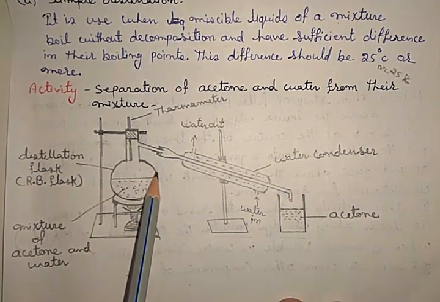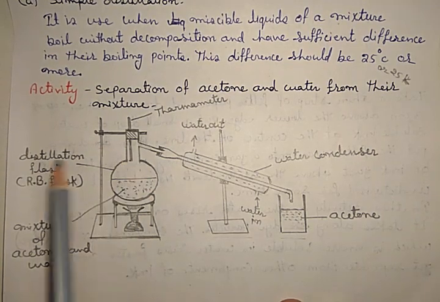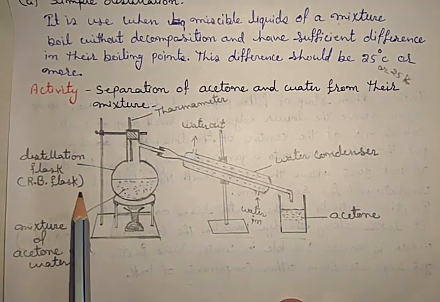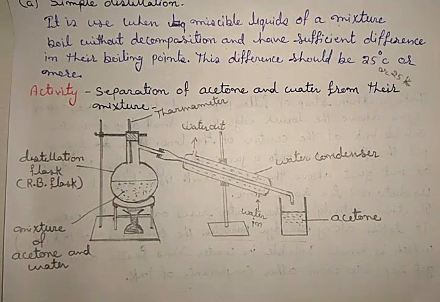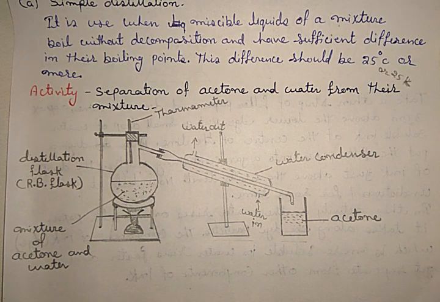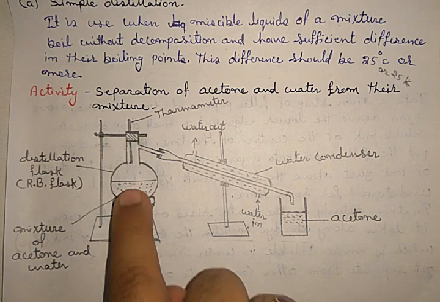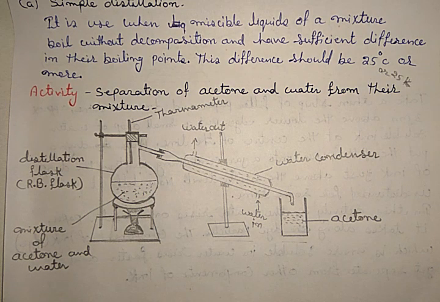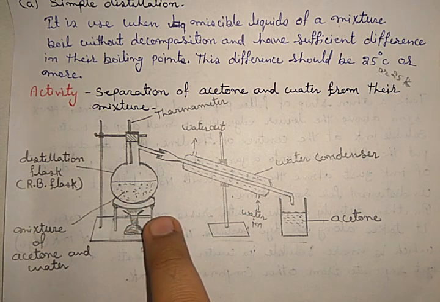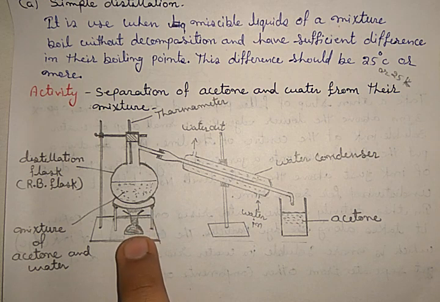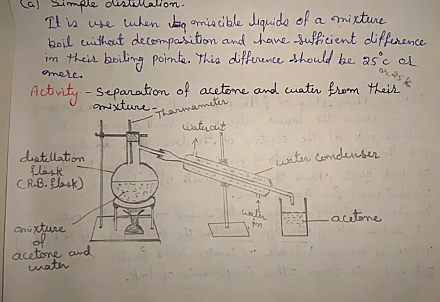Firstly, it is called the distillation flask or round bottom flask. Here the mixture of material which we have to separate is taken. It is placed on a stand and heated with the help of a burner. Clear?